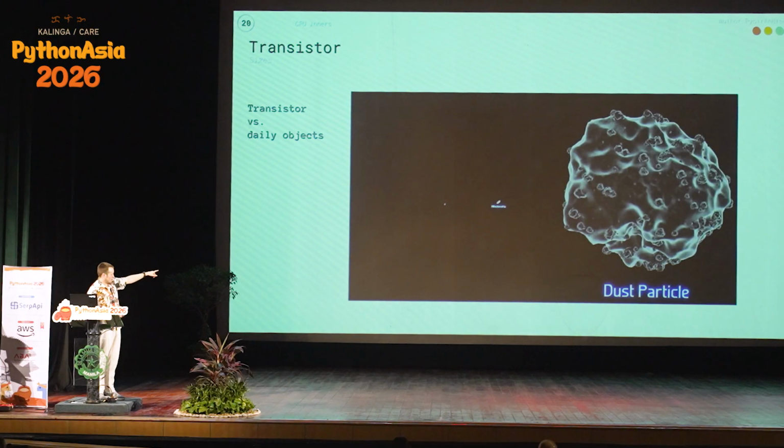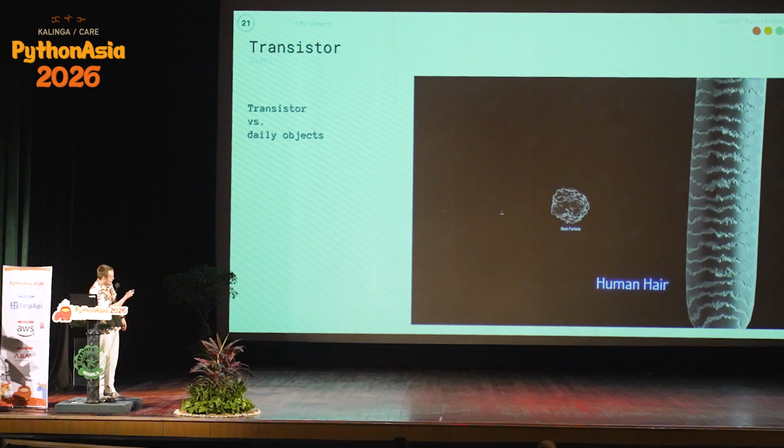Okay, mitochondria, dust particle, dust is everywhere, it comes from each person, and transistors seem like nothing in comparison with a small dust particle or a human hair. If we take your hair and cut a slice of the hair, we can place approximately 1 billion transistors. Transistors are very, very small objects.